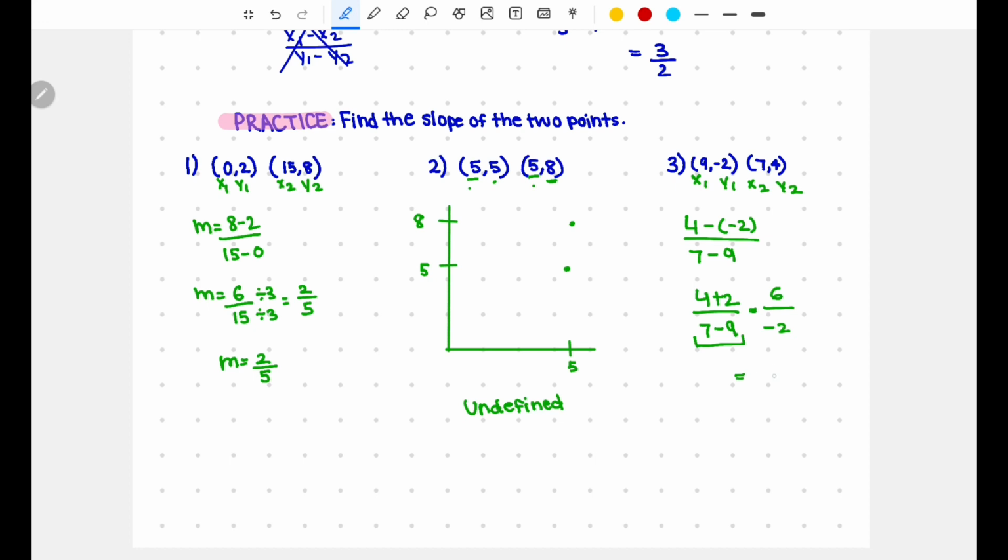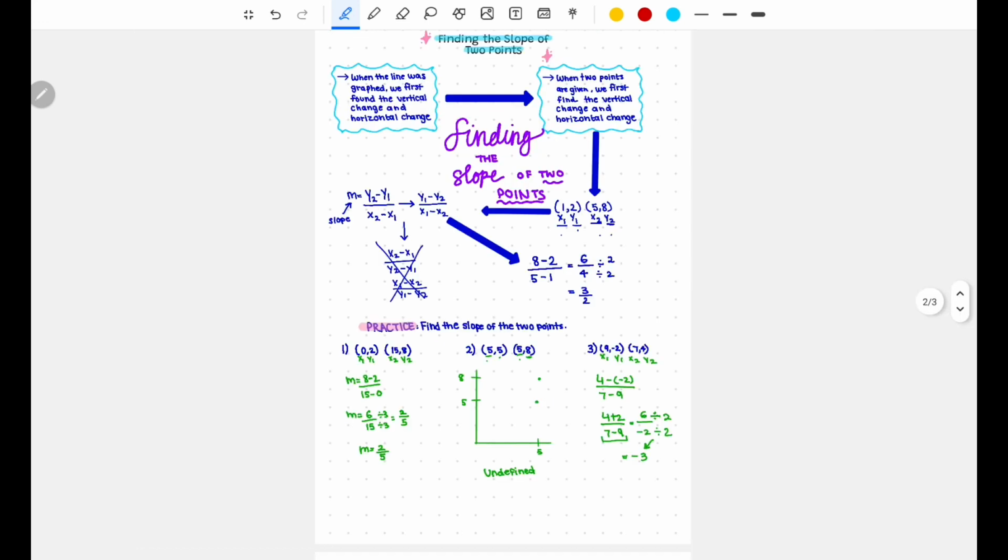So we get 6 over negative 2, which is equal to negative 3. Why is it equal to negative 3 though? Because we divide the numerator and the denominator both by 2, and then we get 3 over negative 1, and so that's where we get the negative 3 from.